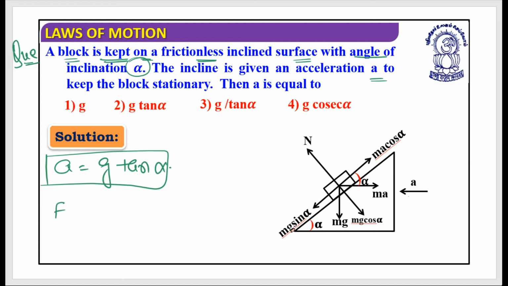The force that I need to act on this is (M plus m) into a. So in reality, it's (M plus m) multiplied by g tan alpha. I hope this is clear.